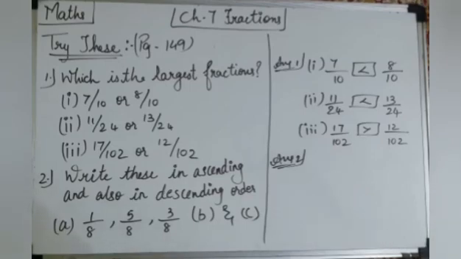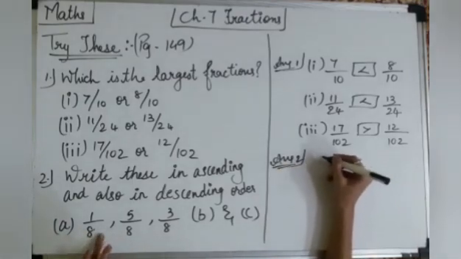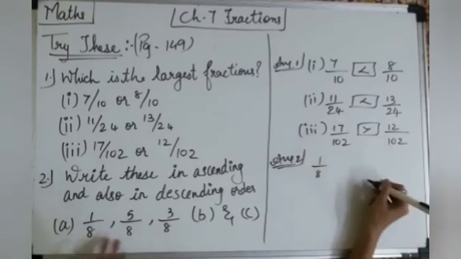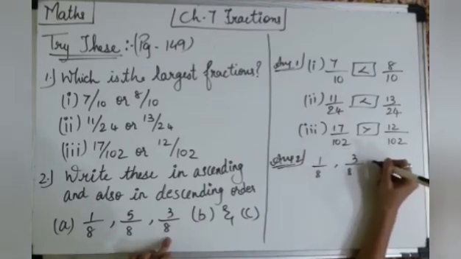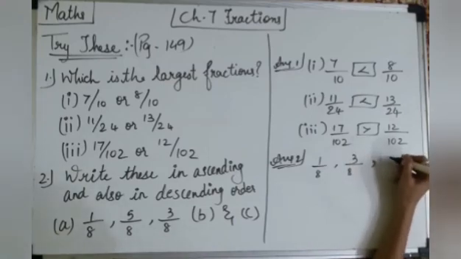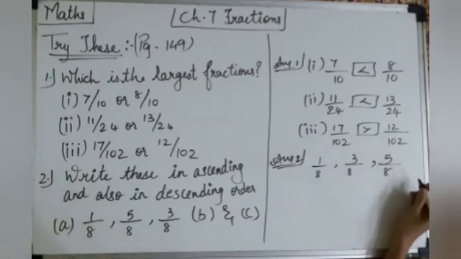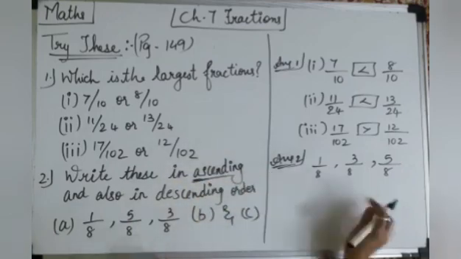If we are writing in ascending order, it is smaller to bigger, smaller fraction to the bigger, greater fraction, right? So the smaller one is 1 upon 8, then 3 upon 8, then 5 upon 8. So here we get the answer for ascending.